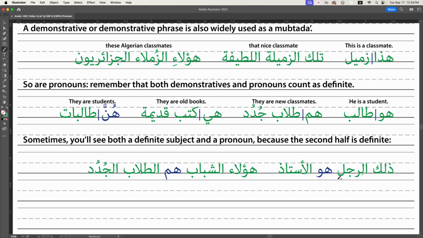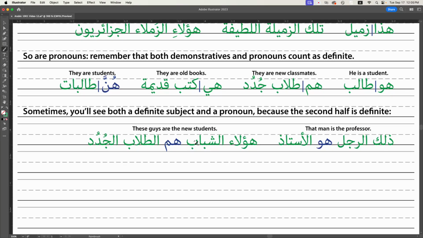And we want to say that he's the professor, not a professor. So because the second half of the sentence begins with alif lam, we need this pronoun in here to separate them. So ذلك الرجل هو الأستاذ. That man, he is the professor, is literally what we're saying. But in English, we would just say, that man is the professor.